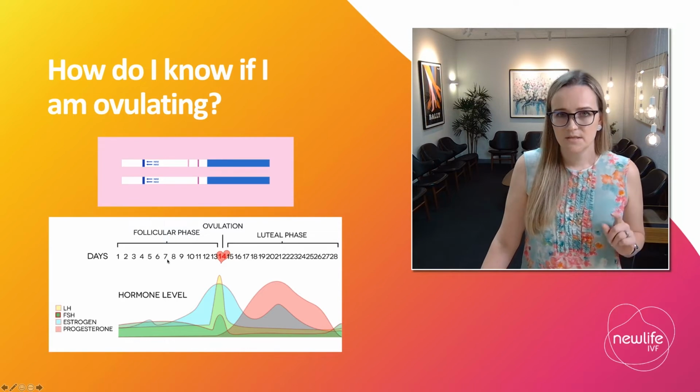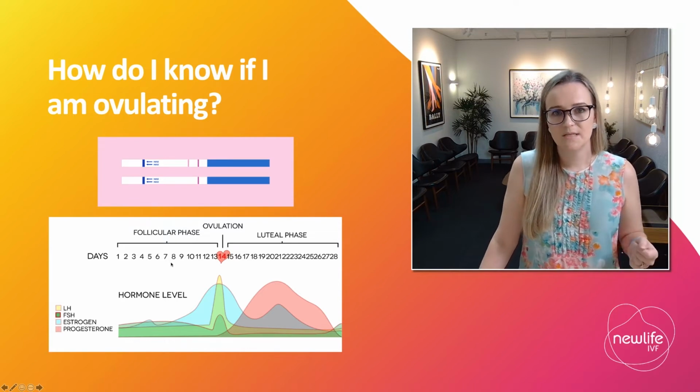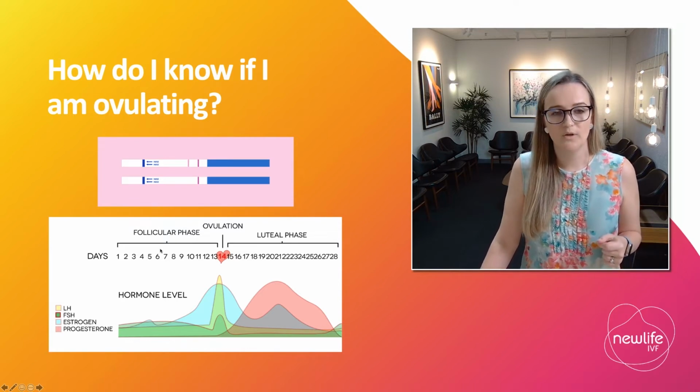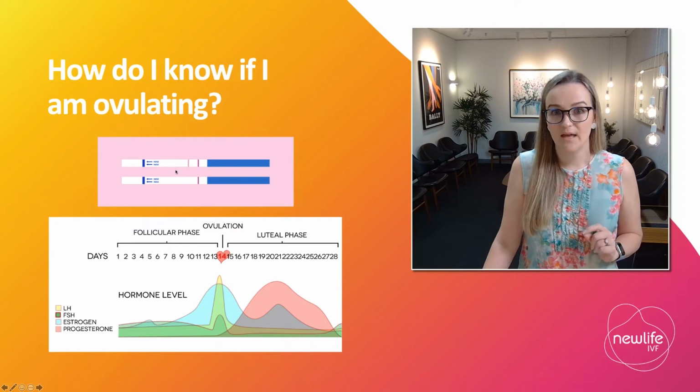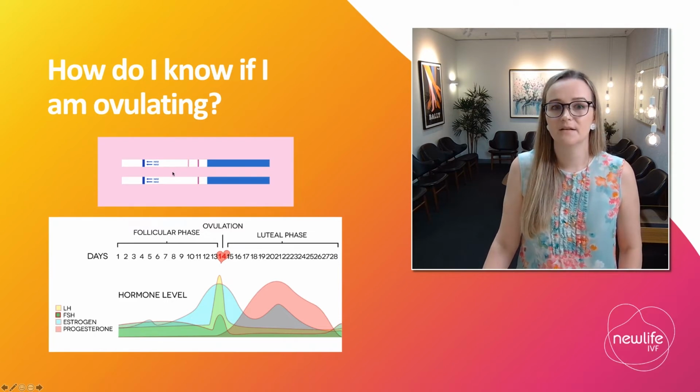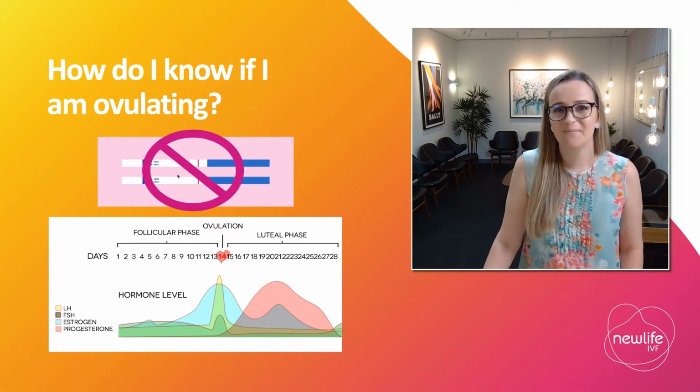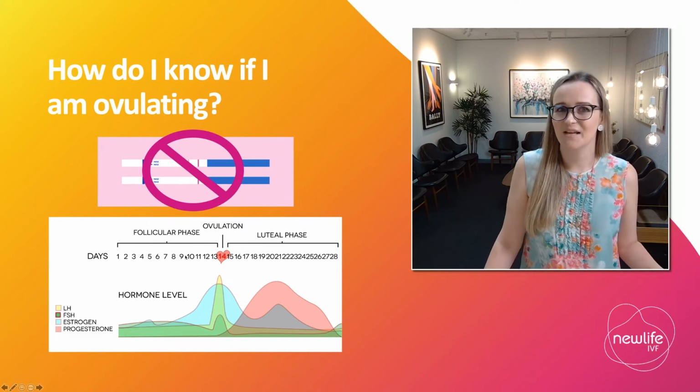And LH detection kits, they're a urine dipstick which detects LH hormone in the urine, and they will come up as positive, denoted here by the 2 lines, if the LH level is above 20. And usually that means that it is signifying ovulation.